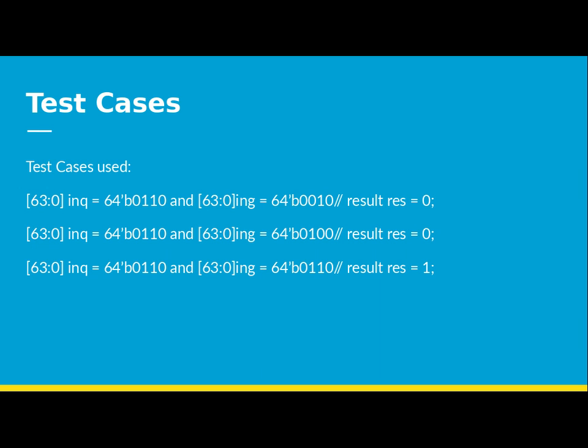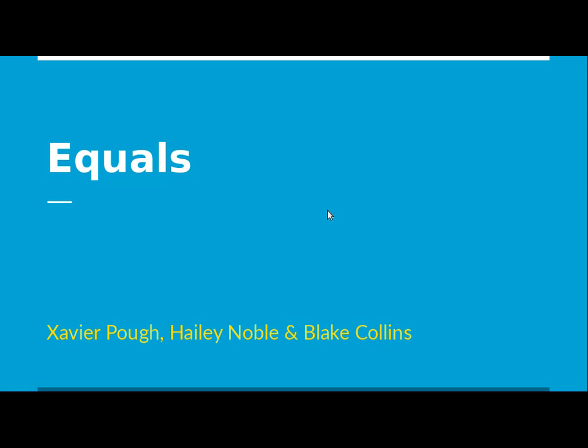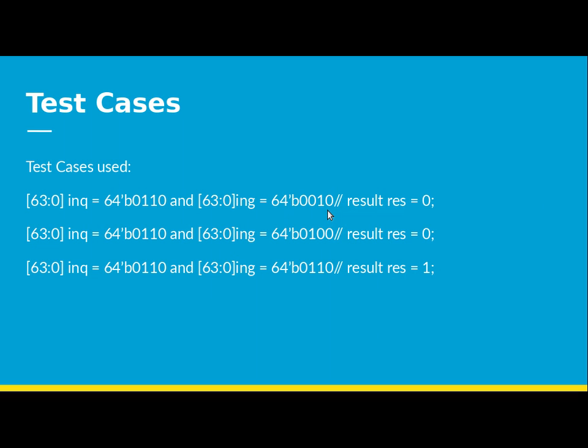For the first one, we're comparing 0, 1, 1, 0 and 0, 0, 1, 0, which, because they're not the same, gives us 0. Next one is 0, 1, 0, 0 compared to 0, 1, 1, 0, which again is different, which gives us a result of 0. The last one that I used, they're both the same, so it gives us a result of 1.